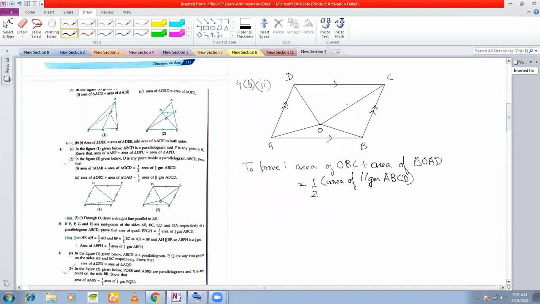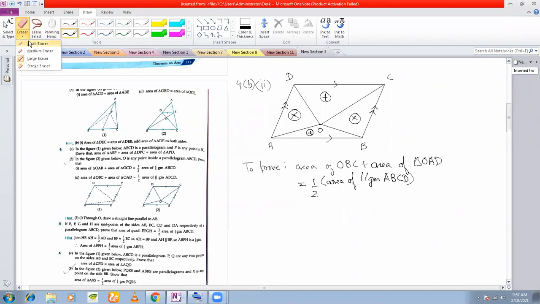First, area of triangle OBC. OBC is this triangle here, plus area of triangle OAD. So this is the triangle here. If you remember, in the last problem we showed that area of this triangle plus area of this triangle was equal to half of the parallelogram.